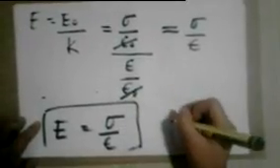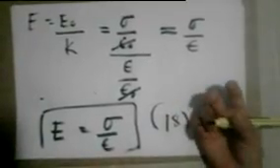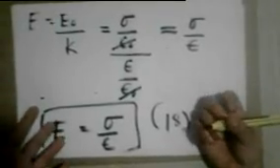So E equals sigma over epsilon. We can denote this as our equation 18. This is electric field in terms of epsilon.